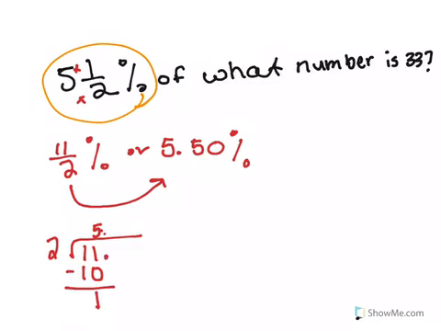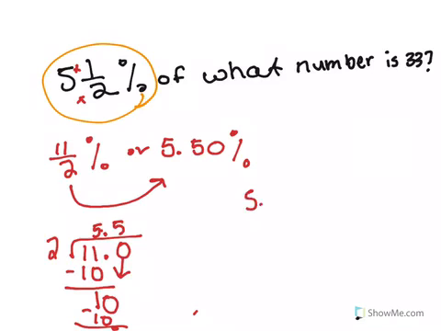So then you put a decimal here, add a 0, and bring it down. So 2 into 10 is 5. 2 times 5 is 10. That gives you 0. So 5.5. We add the 0 because we're talking about percent. So then we have 5.50.